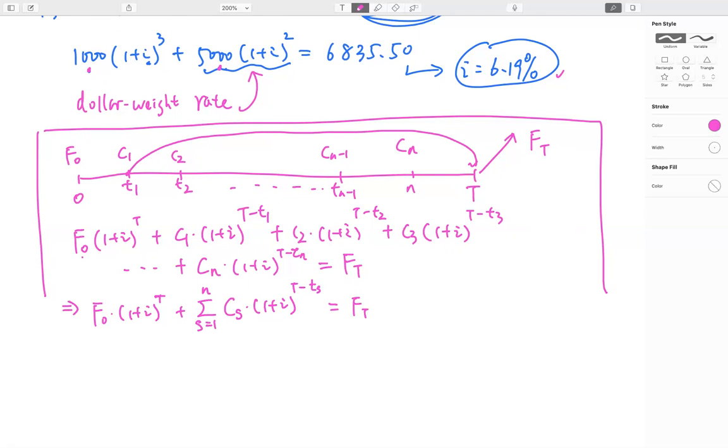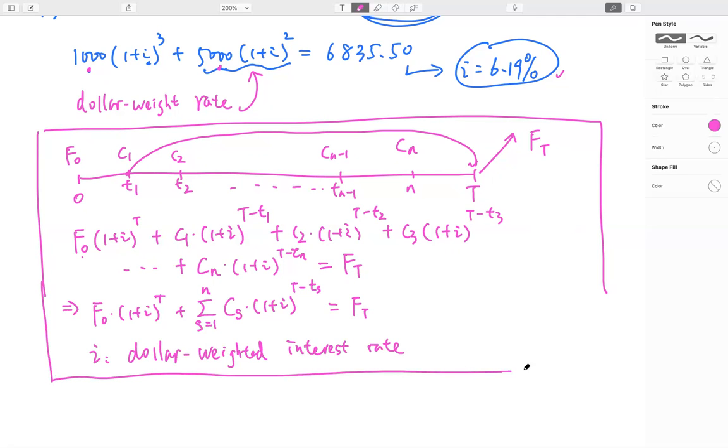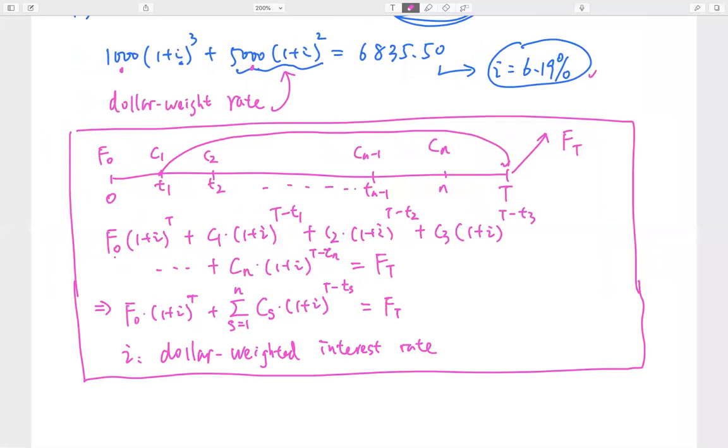So the solution i would be the dollar weighted interest rate. The reason why we call it dollar weighted is that we actually take into account the impact of each cash flow towards the very end.